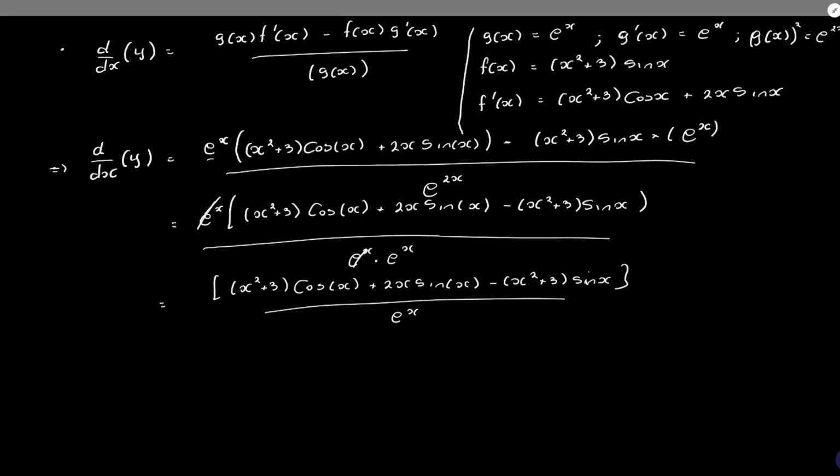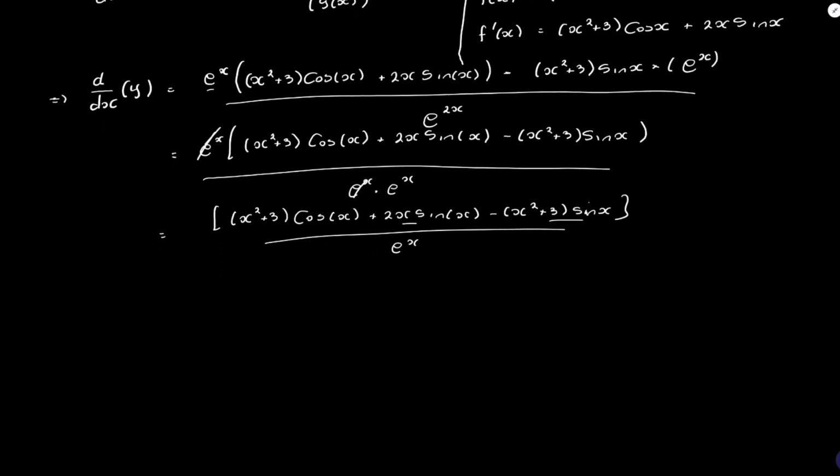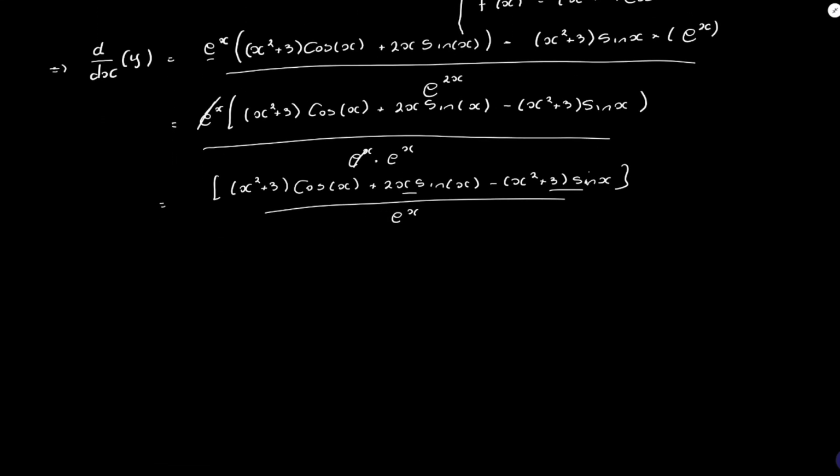divided by e^x. Now if we look closely at our numerator, we notice that there still exist two terms which are common, that is this term and this term, which have sine x in common. So we can factorize out sine x in both of these terms, leaving us with (x squared plus 3) cos x plus sine x times (2x minus x squared minus 3).